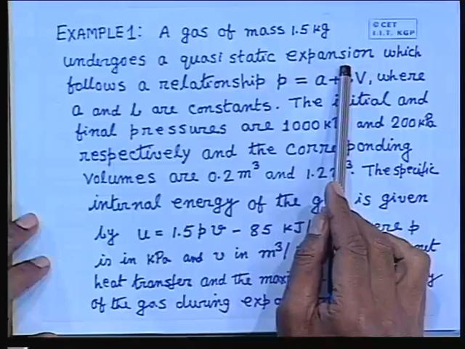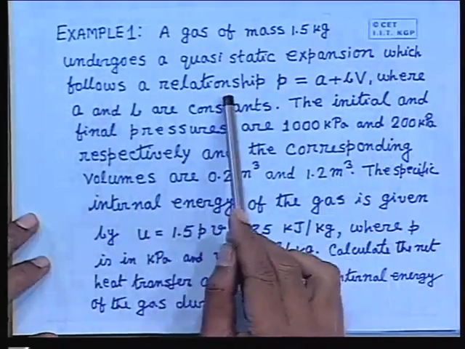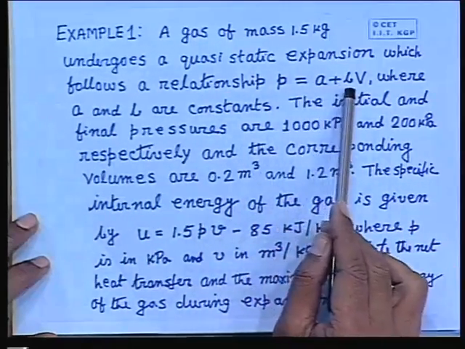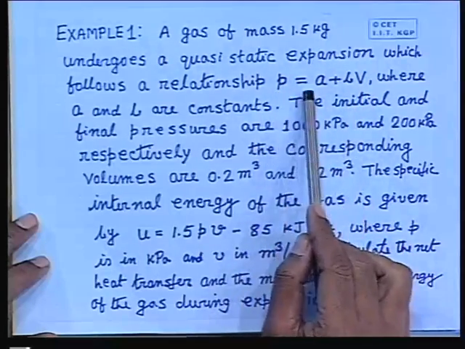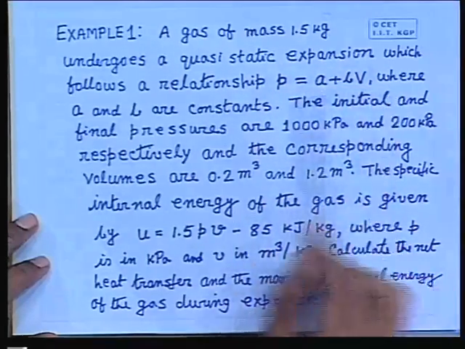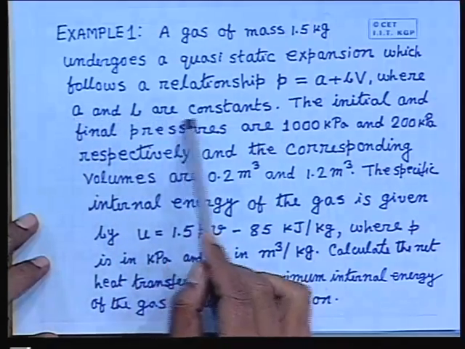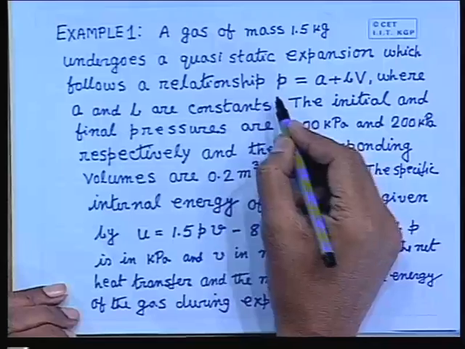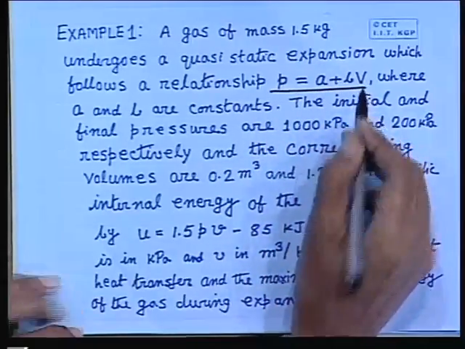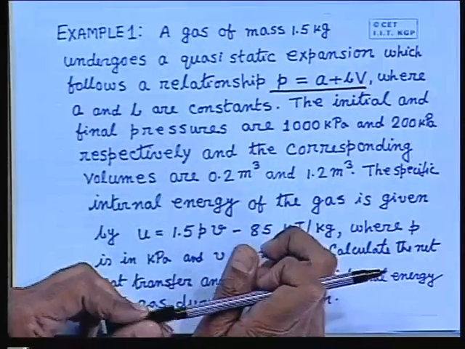Already you know, that is PdV work, which follows a relationship P is equal to A plus BV. That is the relationship between P and V, where A and B are constants. So, this is the process law of the process, displacement work, where the pressure and volume change.